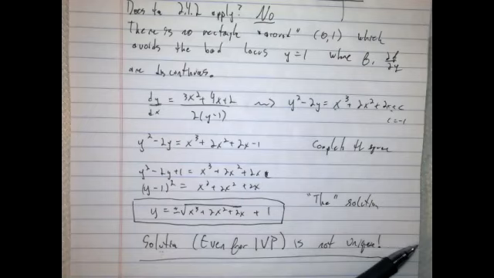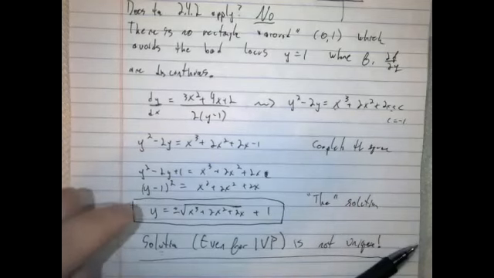So if you were given an initial value, you can solve for a unique solution, right? That depends on a lot of things. Which kind of problem are you considering? First order linear or first order nonlinear?